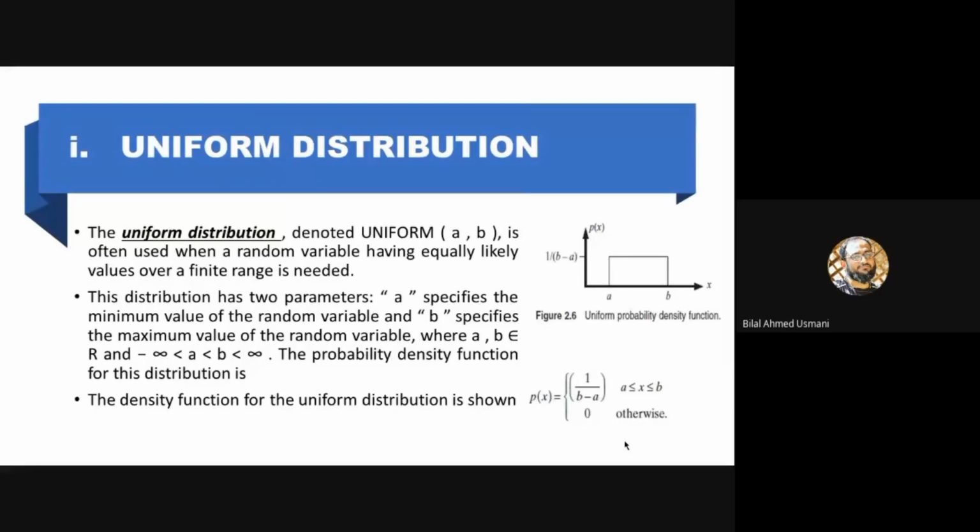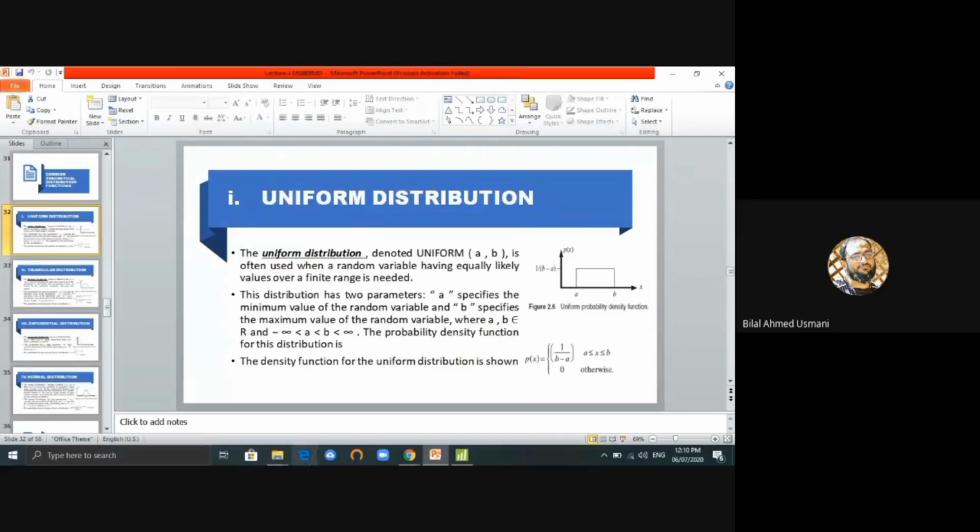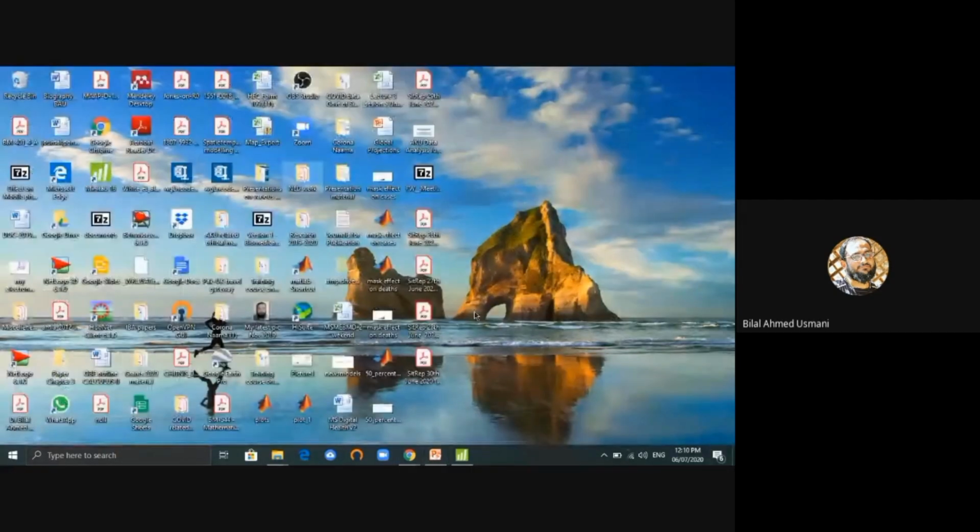To construct a uniform distribution, we need to find the upper bound and the lower bound. So if I have to do it in Excel, I just open any Excel sheet.